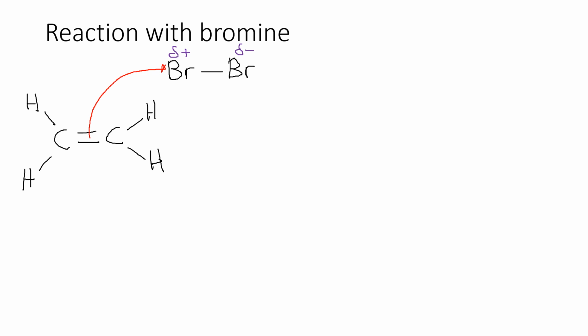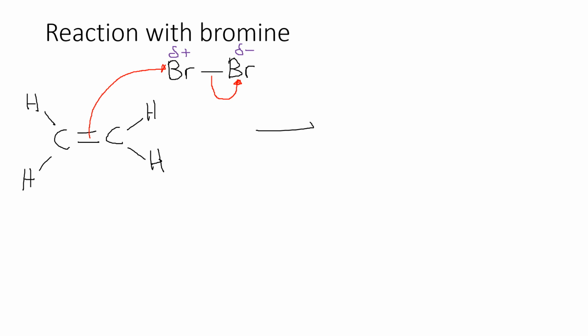This is a bond forming curly arrow. So we're going to get a new carbon to bromine bond formed. And then this bond here breaks and both of the electrons move onto the other bromine. So we've got two curly arrows. One is a bond forming curly arrow from carbon to bromine, and then your bromine to bromine bond breaks with the electrons moving on to the other bromine.